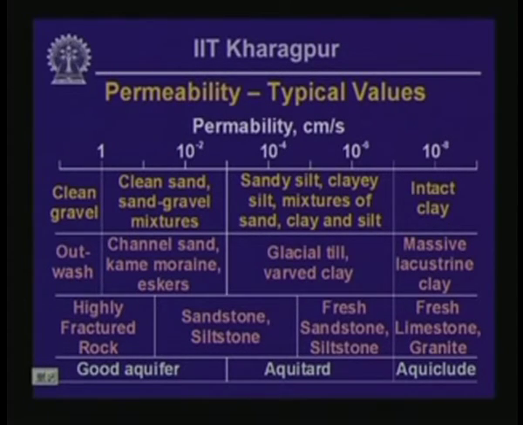Clean sand, sand gravel mixtures, some sandstone, siltstone, highly fractured rock, channel sand, kame moraine, eskers, and outwash deposits are typically within this category. Aquitards typically comprise clay, silt, and sandy silt. From the consideration of geomorphology, glacial tills and varved clay are often classified as aquitards.